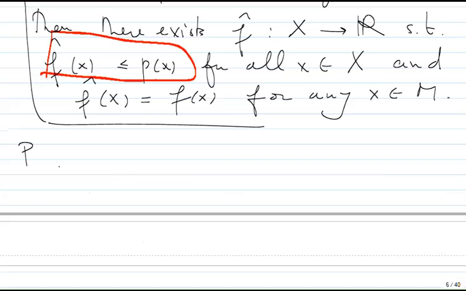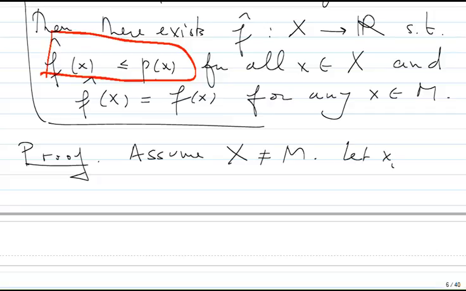Proof. Let us assume X is different from M. Otherwise, there is nothing to prove. If M is equal to X, then there is nothing to prove. You take F hat to be F. Okay.